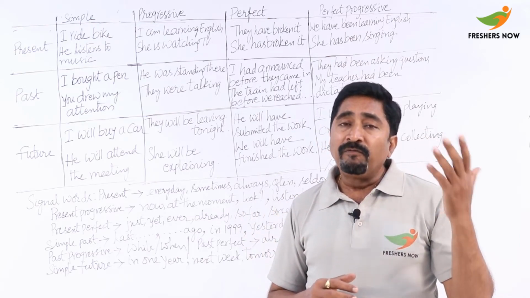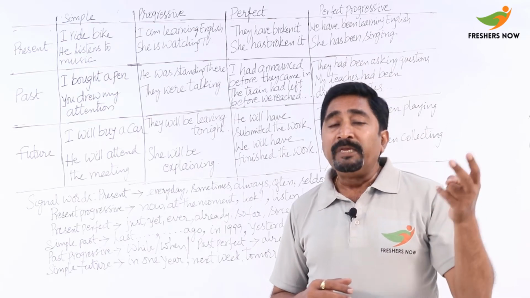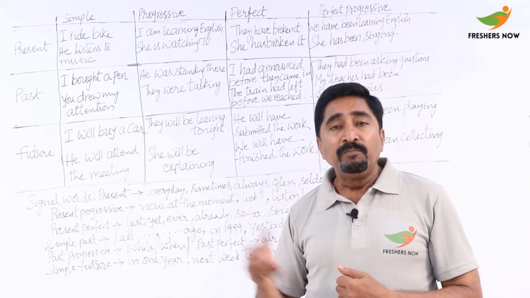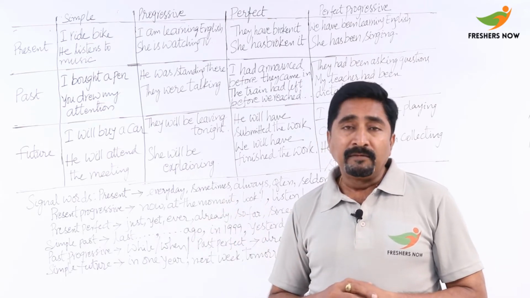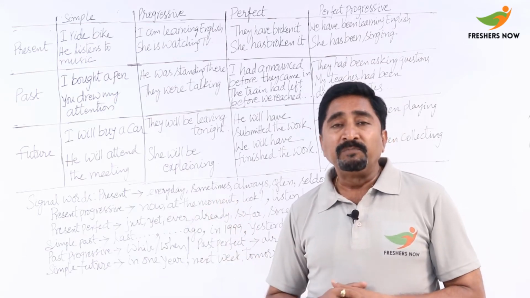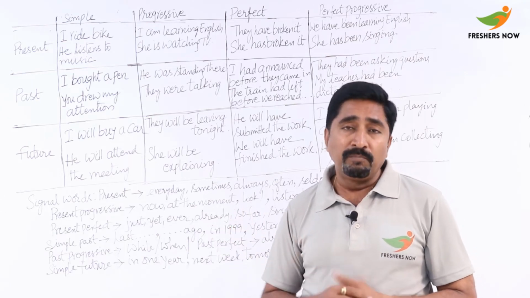Of those two activities, the first activity should be in past perfect tense using had plus past participle, the third form of the verb, and the second activity, the one that follows it, must be in simple past tense, that is the second form of the verb.